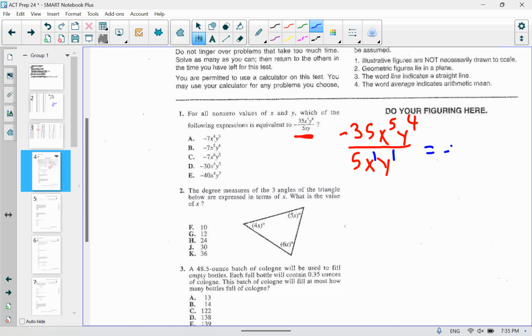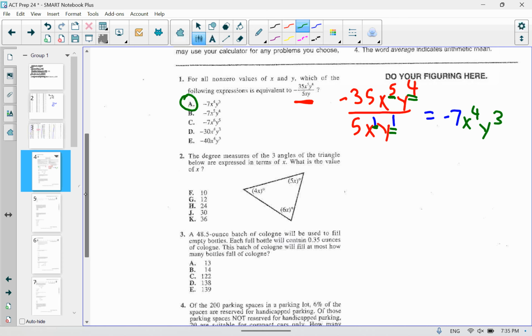That would give me negative 7. And if I get variables on top of each other, I would subtract the exponents. So here, 5 minus 1 gives me x to the 4th. And here, y to the 4th minus 1 gives me y to the 3rd, giving me the answer A.